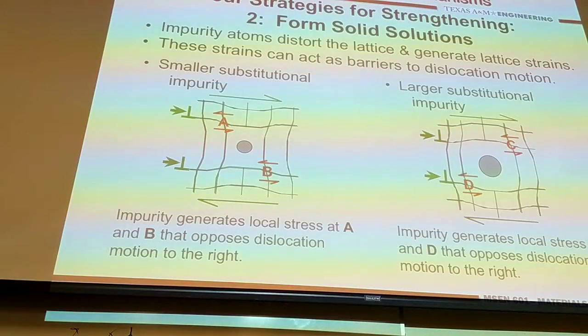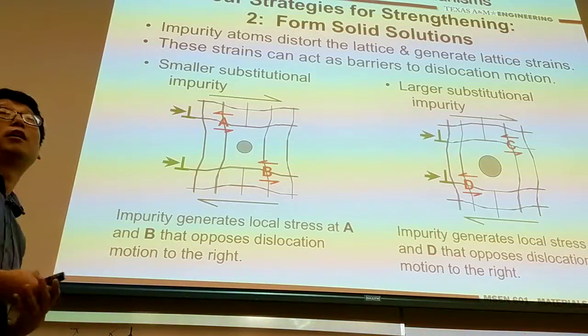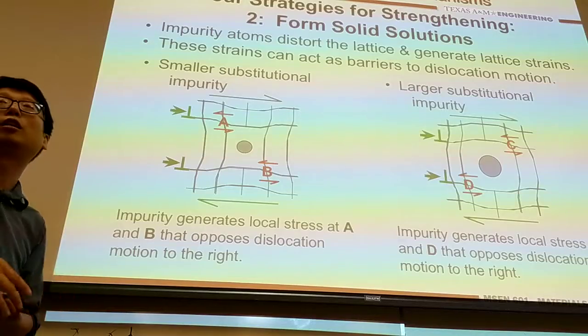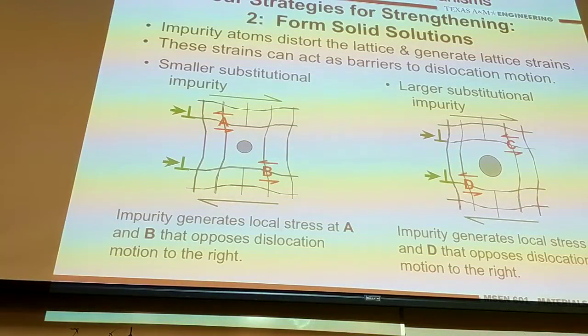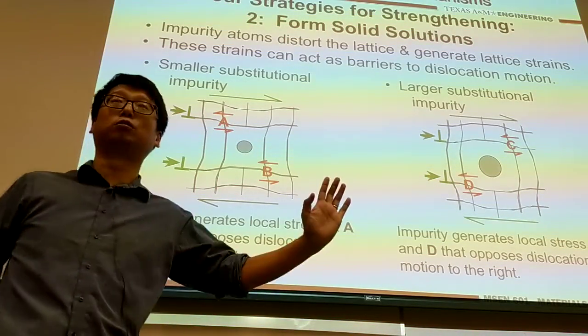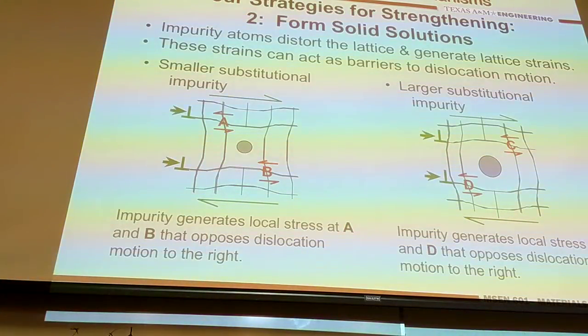It's like creating a lot of bumps. Instead of having a highway, you create a lot of bumps on the highway. The dislocation can still try to push through, but by making a lot of bumps on the highway, you cannot drive a car fast. So it's the same thing for dislocation. They have to slow down.